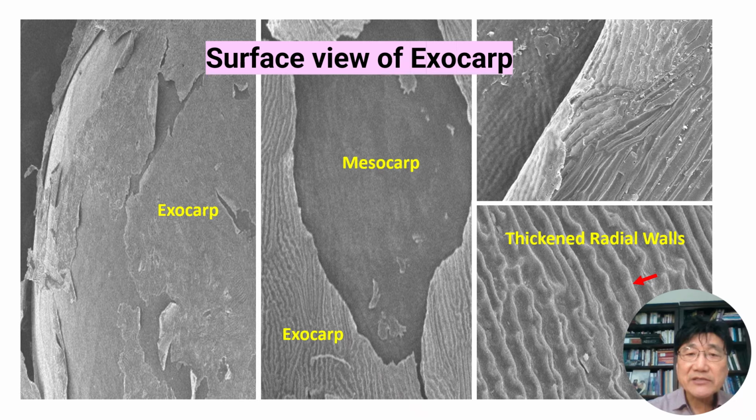These cells are sinuous in outline as seen in surface view. Their radial walls are slightly thickened in some regions. The exocarp consists of a thin membranous skin with characteristically thickened radial cell walls.